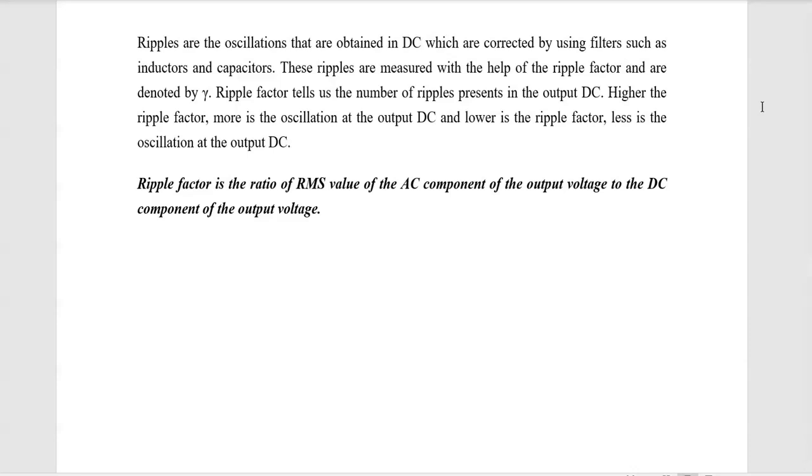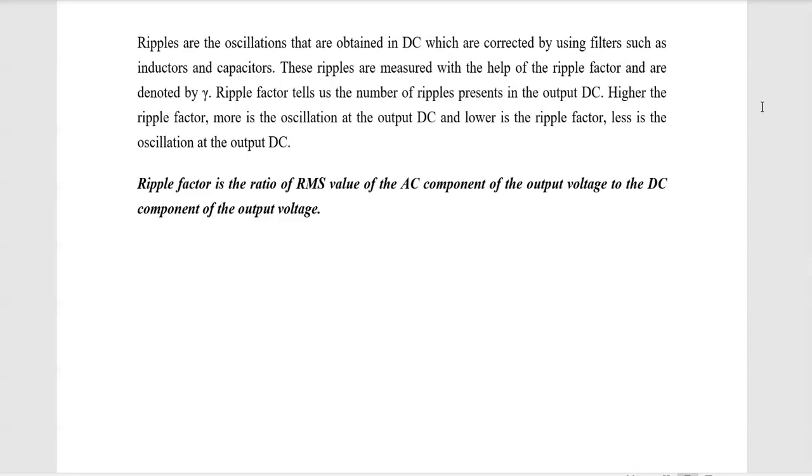These ripples are measured with the help of the ripple factor and are denoted by gamma. The ripple factor tells us how many ripples are present in the output DC. The higher the ripple factor, the more oscillation at the output DC, and the lower the ripple factor, the less oscillation at the output DC.